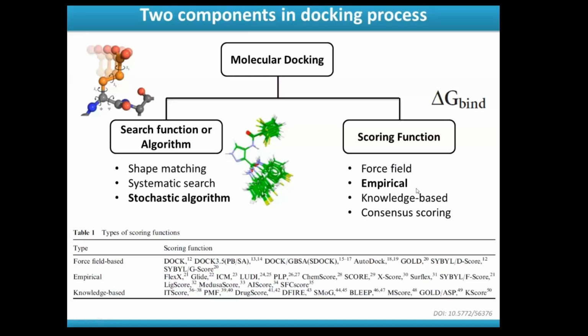Here we have some experimental binding energies, and the unknown binding energies will be calculated based on those empirical values. Knowledge based is where we have the known binding energies, so we try to fit that model onto those knowledge based binding energies. And consensus means utilization of all the possible scoring functions to generate consensus scores.